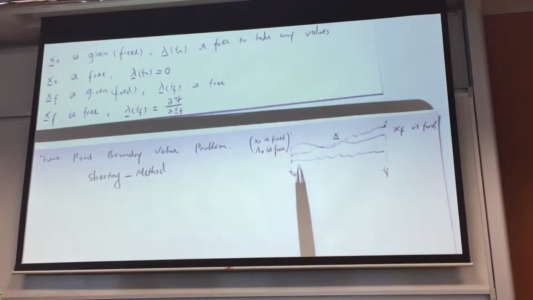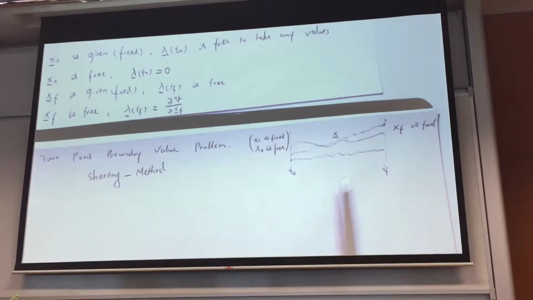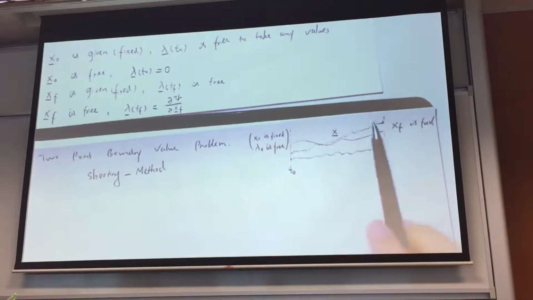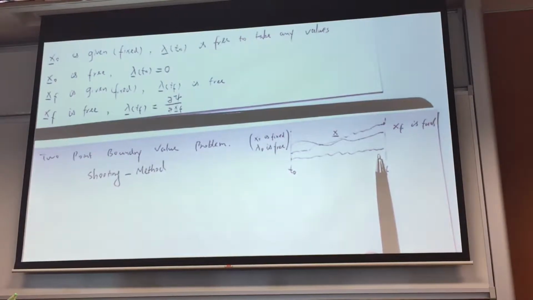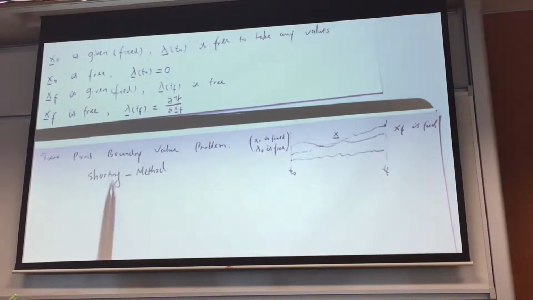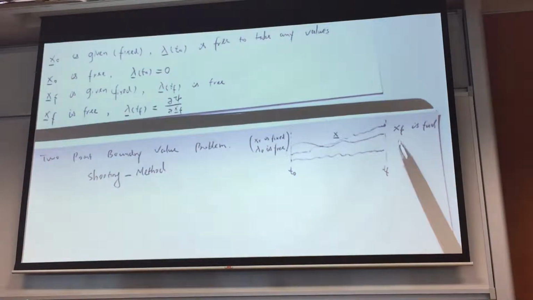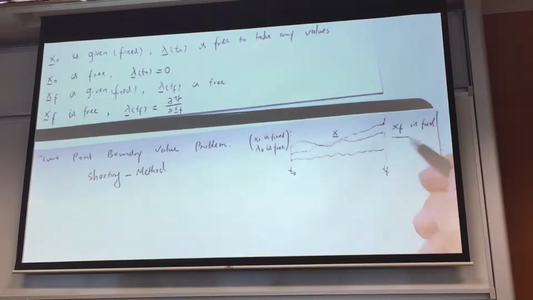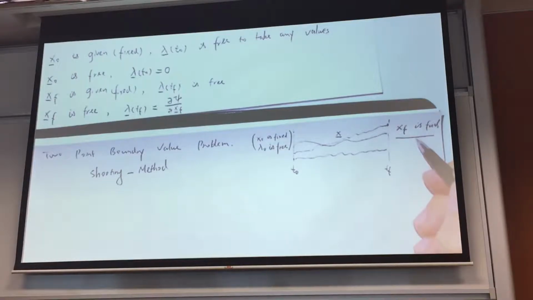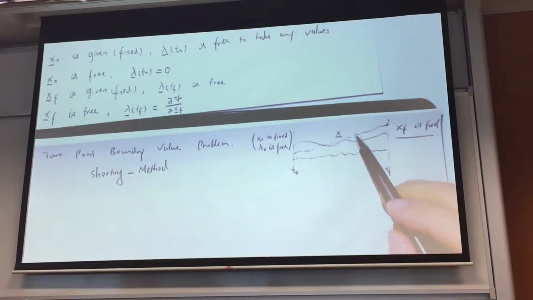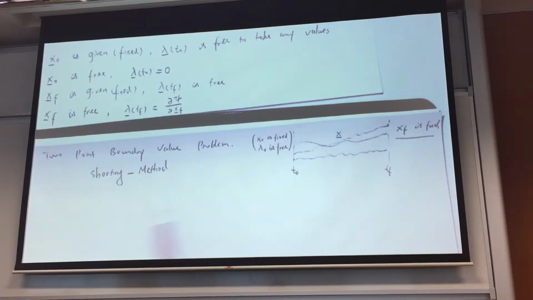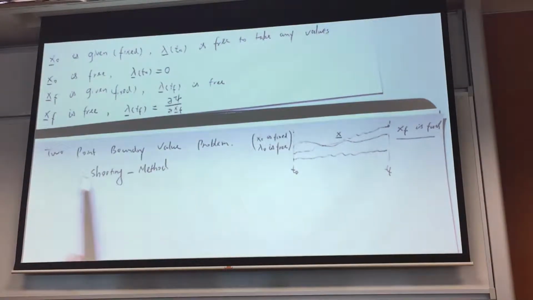If you start from a different starting point, you will get a different destination. So you shoot from different starting points until you hit the final destination. This is the idea that we use to solve this kind of problem.